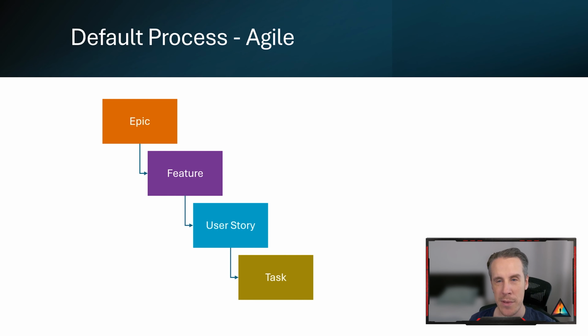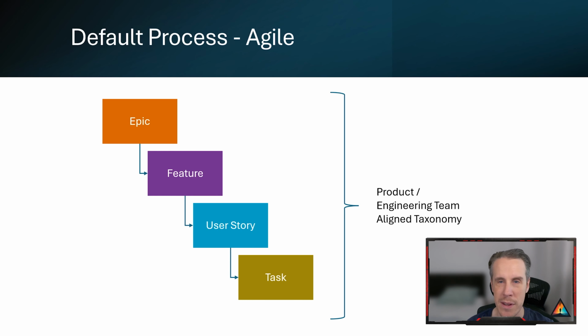And then when it comes to selecting that user story for development in the backlog, it would be a case of what tasks it would take to create that user story, which then rolls up to delivering the feature. But as I mentioned, sometimes it can be difficult when you want to report on the progress of a project, because this is really product and engineering team focused taxonomy.